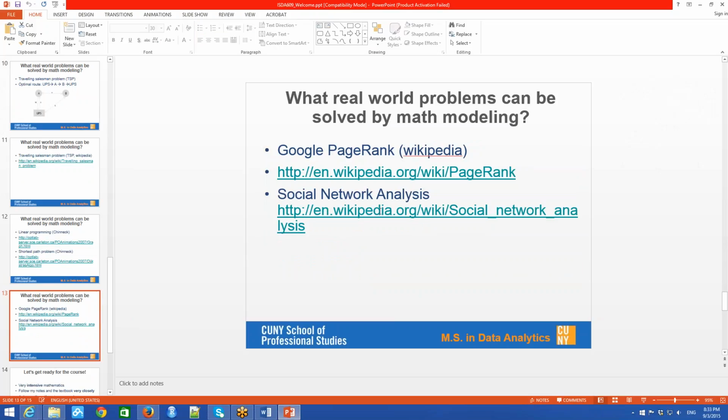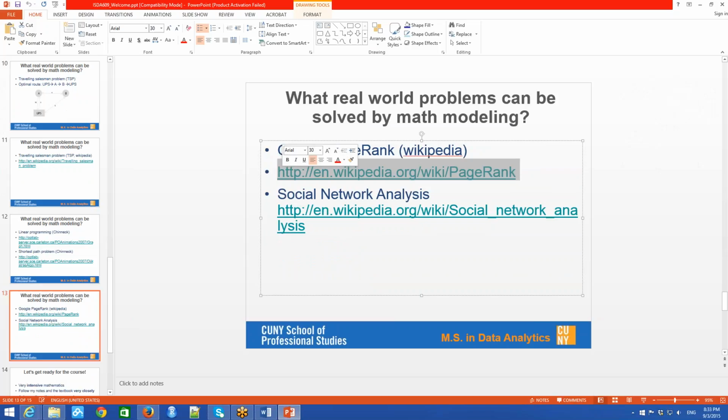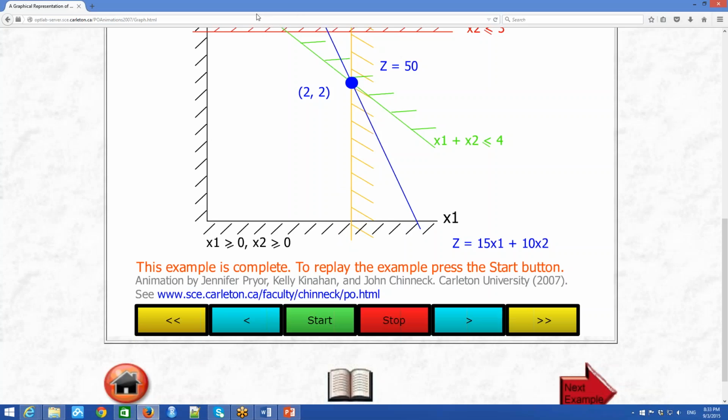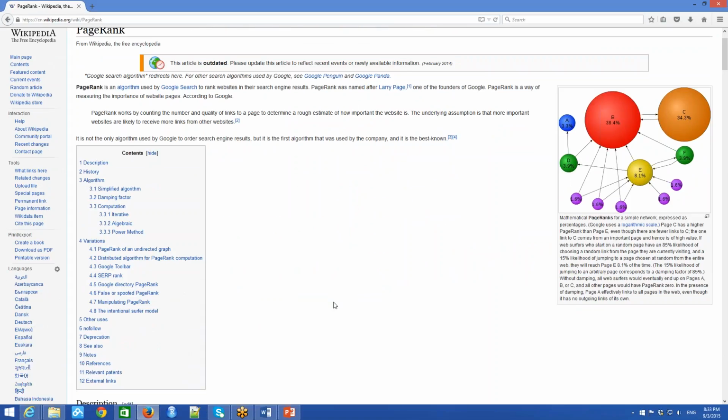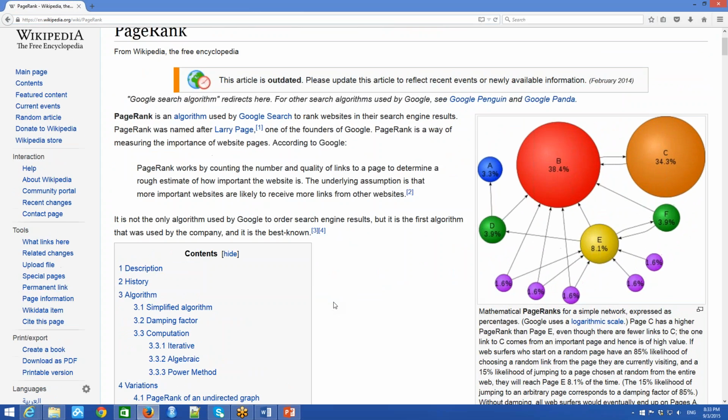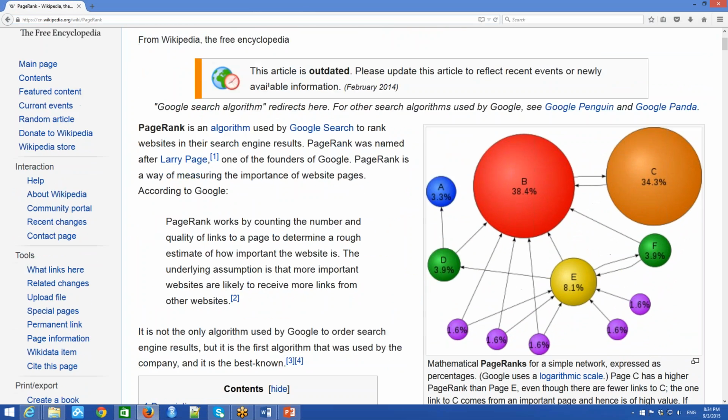And also, the PageRank problem itself is a mathematical problem. Let's quickly go through that. The whole idea of PageRank, we're actually going through this example in class in more detailed fashion.